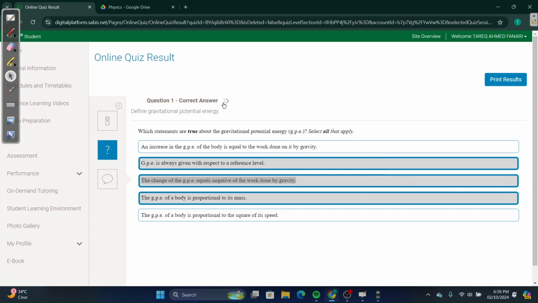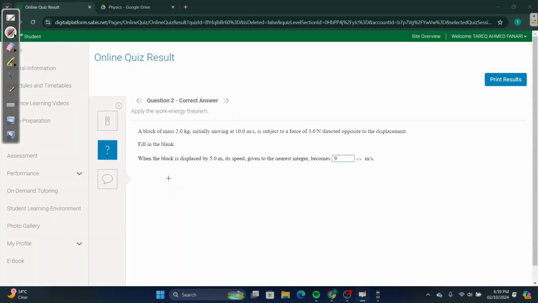So question 2, simple. Work equals force times distance times cosine theta. Now, an important note here is it says the force is directed opposite to the displacement. If the displacement is horizontal, which in this case they'll always give horizontal, and the force is perpendicular to the displacement, it's going to be 0.